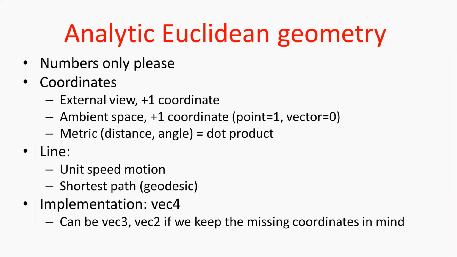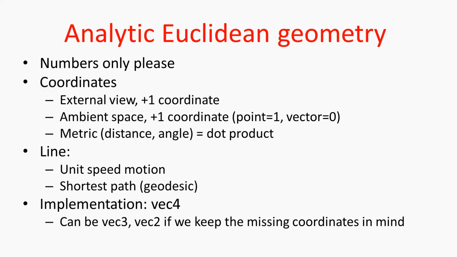So let me summarize the most important messages. We have to use an analytic approach to geometry because the computer cannot do anything else but to deal with numbers. Expressing geometric concepts with numbers means that we have to use coordinates in a coordinate system.